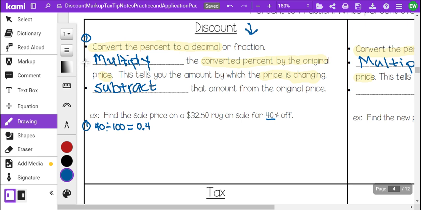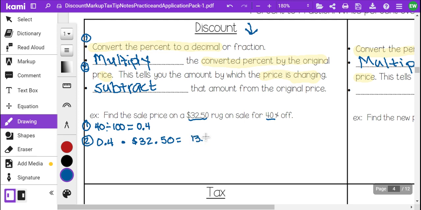Step 2. Multiply the converted percent, which is 0.4, by the original price. The original price is $32.50. So there's my converted percent, 0.4, times 32.50, which is 13.